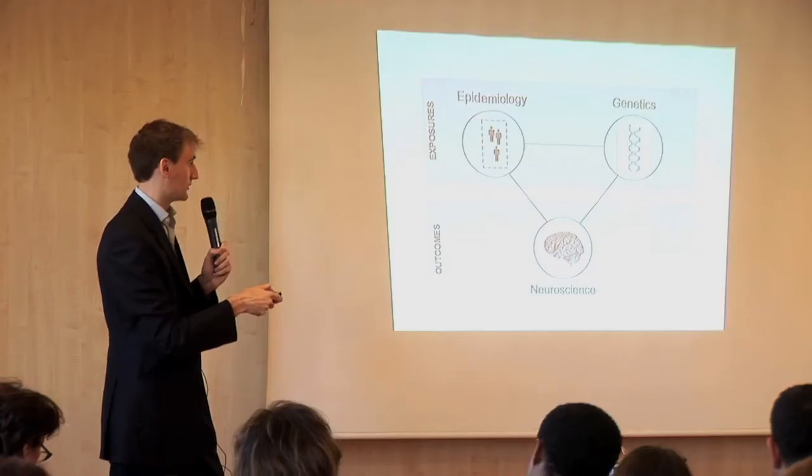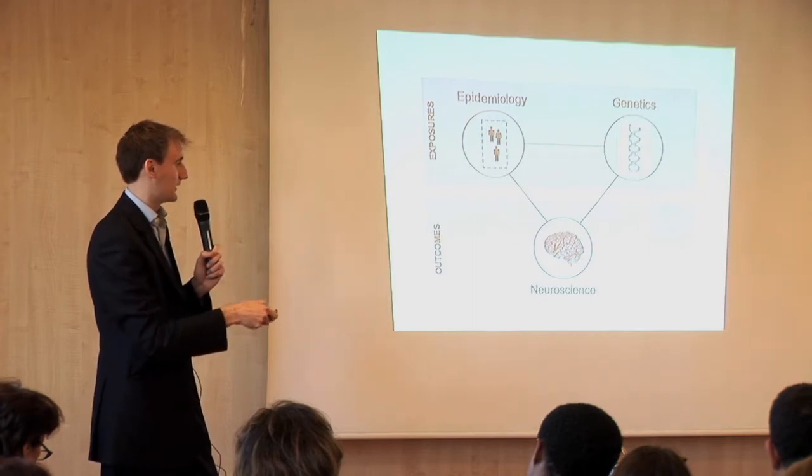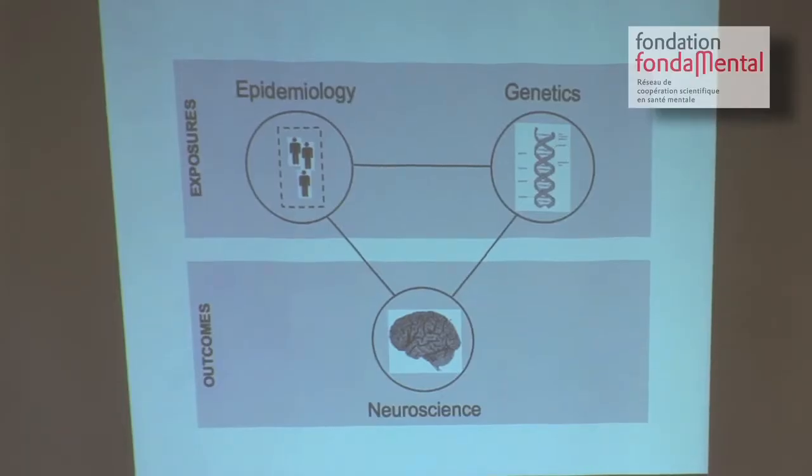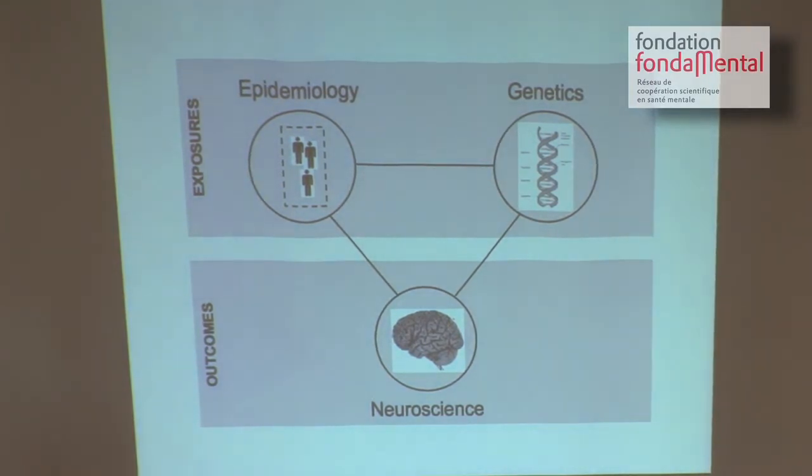Okay, so the work I'm going to present today is essentially an integration of genetics, I'll talk about the serotonin transporter gene, and epidemiology, and my interest is understanding the cognitive neuroscience, which allows us to understand the mechanisms that bridge genetics and epidemiology.